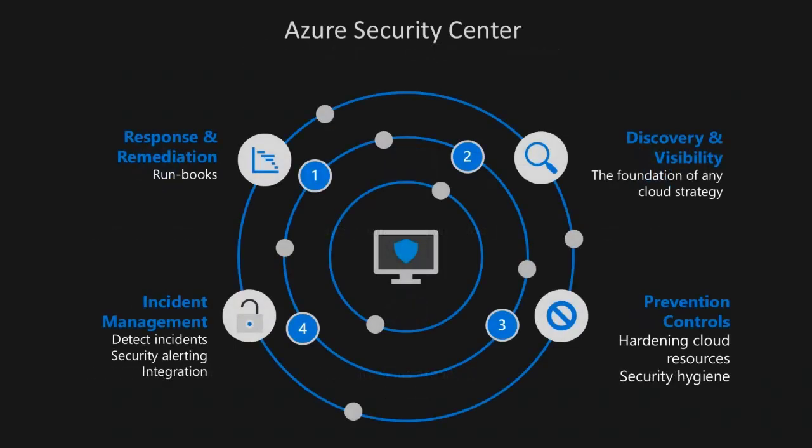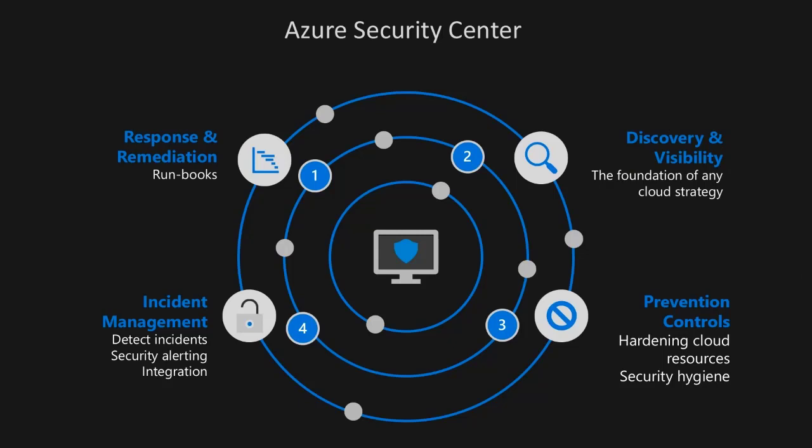Now that we know the challenges, we know the problem, and what we are trying to achieve, we are trying to go to a security as a service model that automates a lot of things, and one of the things it gives us is discovery and visibility. So let's try to define what is Azure Security Center.